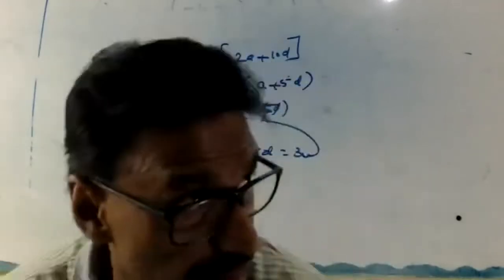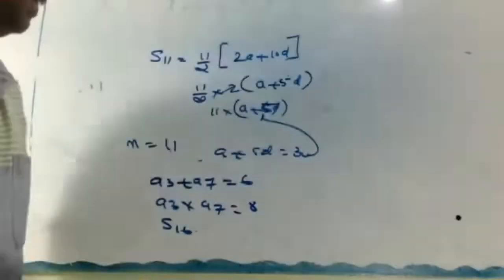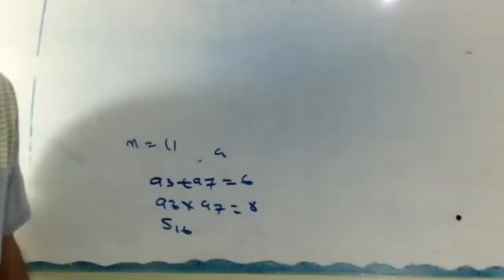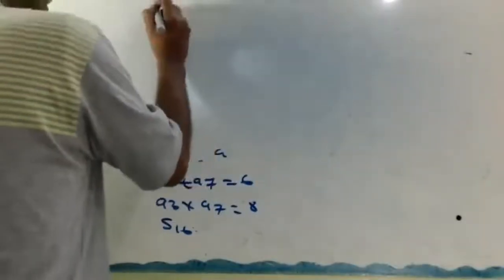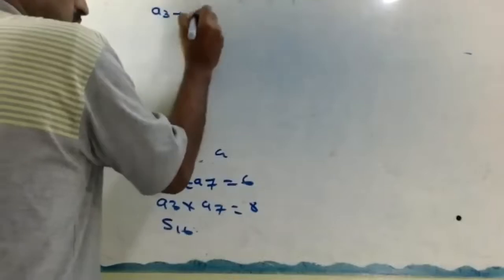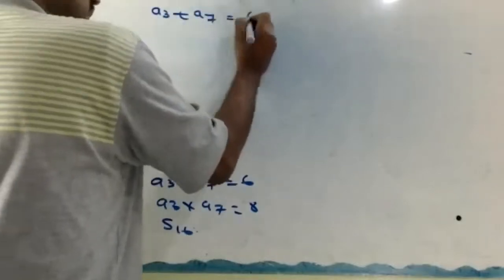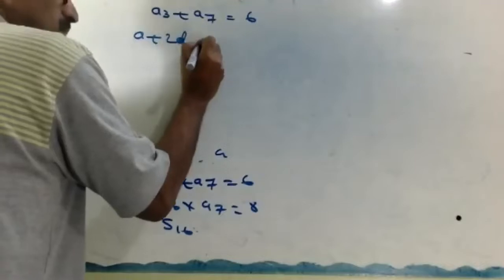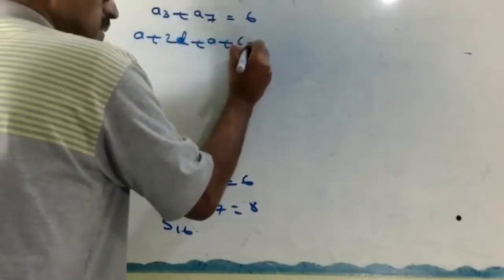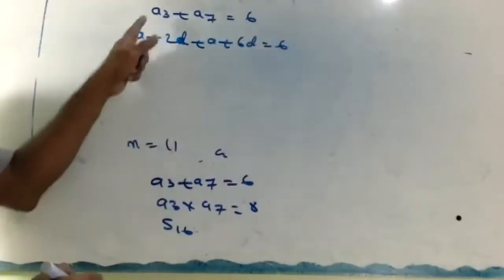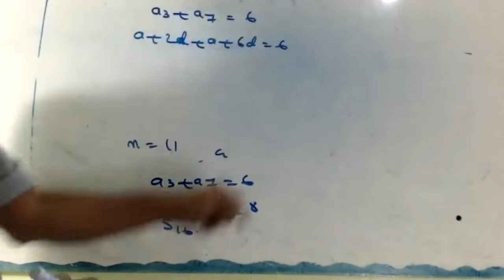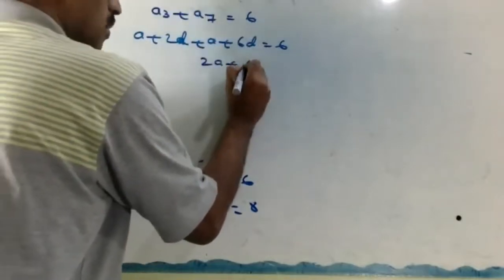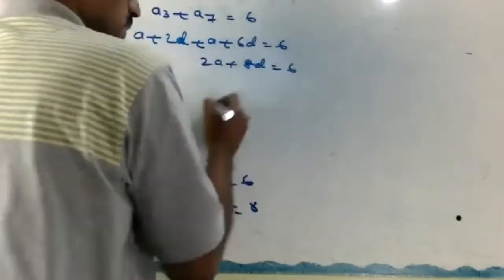Come on, I'll show this one. Look. A3 plus A7 equal to 6. A plus 2D plus A plus 6D equal to 6. 2A plus 8D equal to 6.